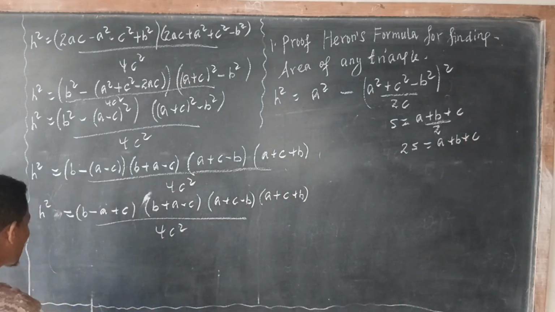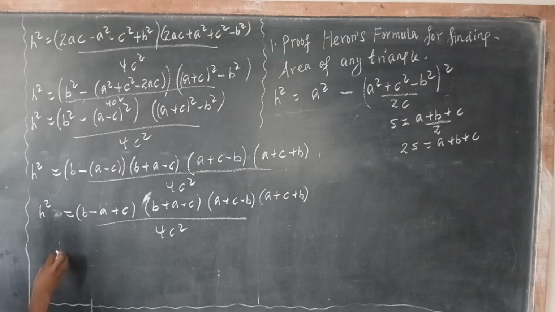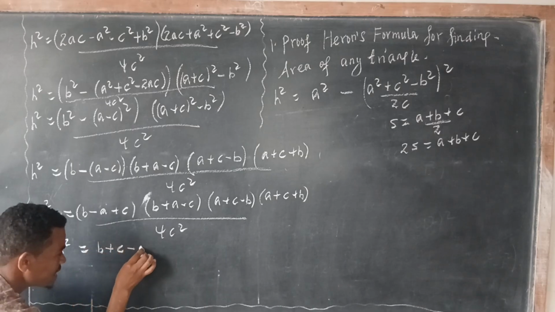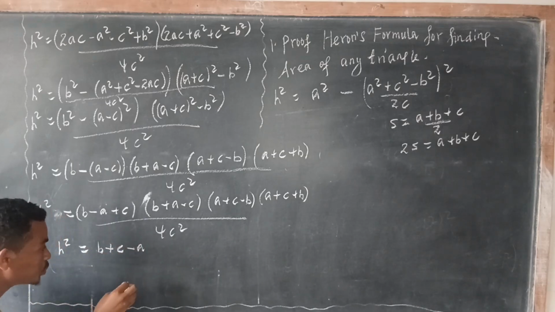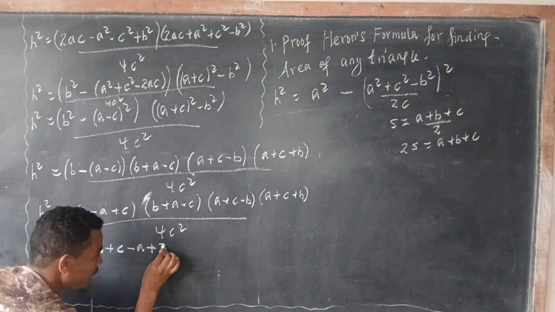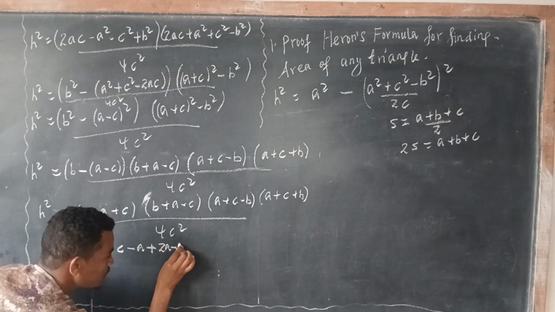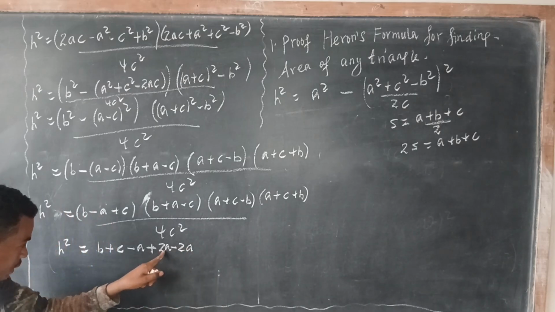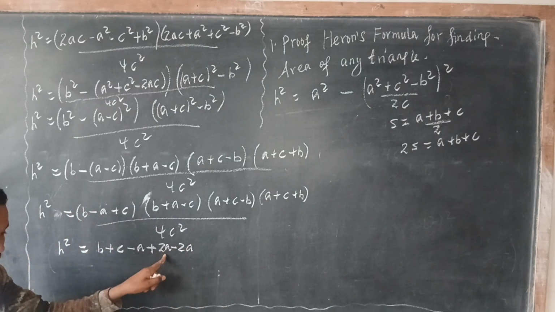Now from this one h square is equal to b plus c minus a. Now it's possible to add and subtract, just plus 2a minus 2a. Plus 2a minus 2a is 0. Here minus a plus 2a is a.